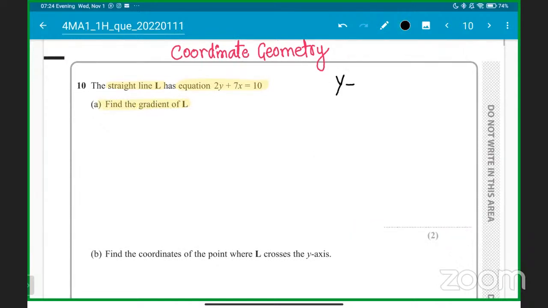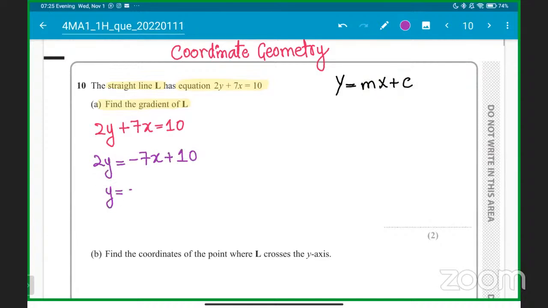We need to understand that it's basically y is equal to mx plus c. So we need to arrange them in this same order to get the gradient, okay? So 2y plus 7x is equal to 10. You make the move first. 2y is equal to minus 7x plus 10. And here you go, y is equal to minus 7 over 2 x plus 10 divided by 2.